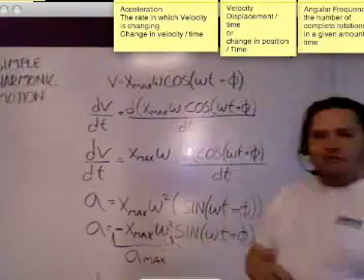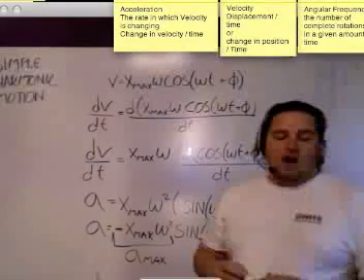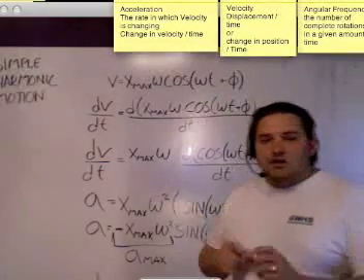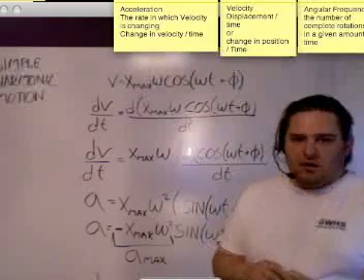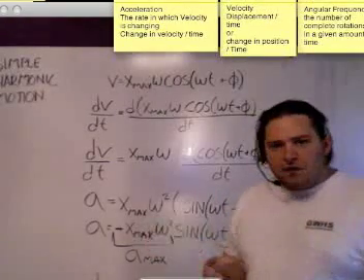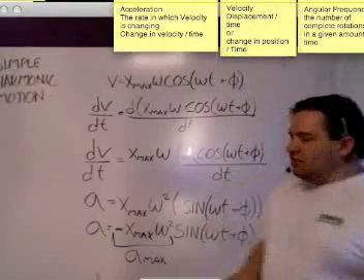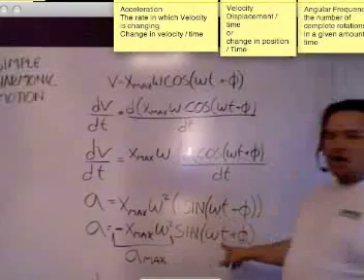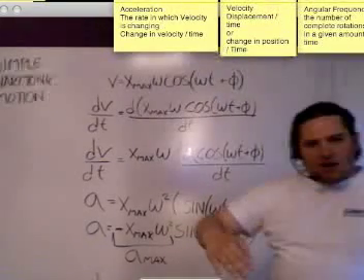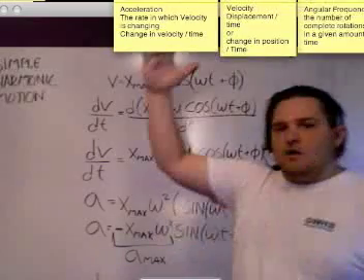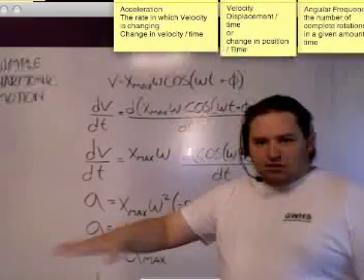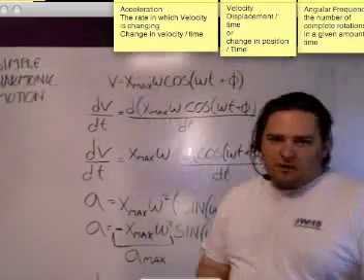Okay? So this is the equation for the acceleration of an object in simple harmonic motion. Another cool thing about it: acceleration is not constant in this system. You can see that it's going to change with time. It's going to oscillate up and down. It's going to hit a peak and then go back down. It's going to hit this low point and then go back up.